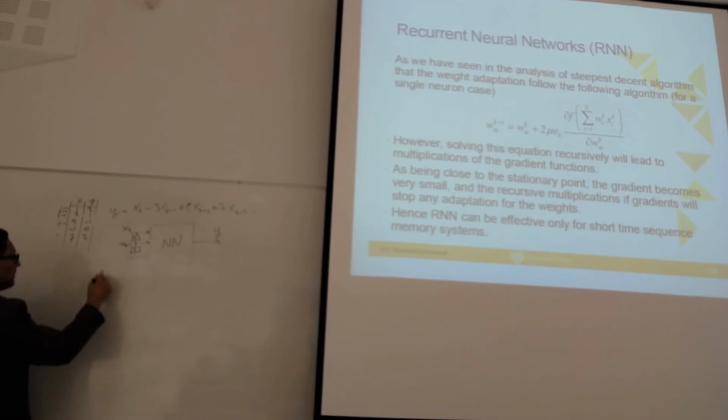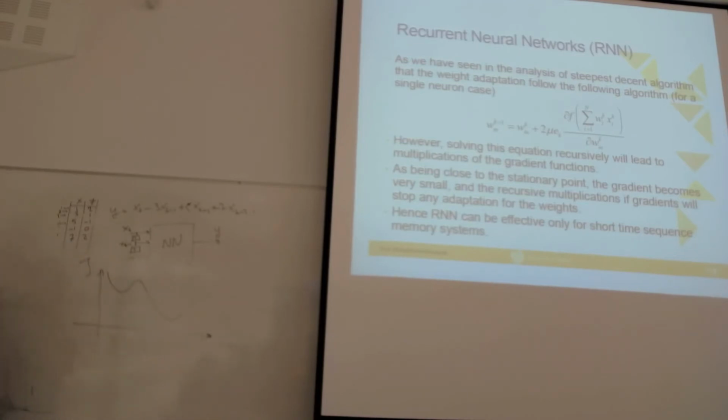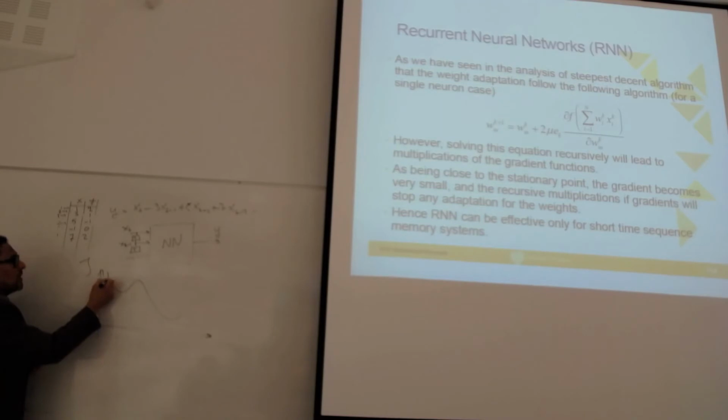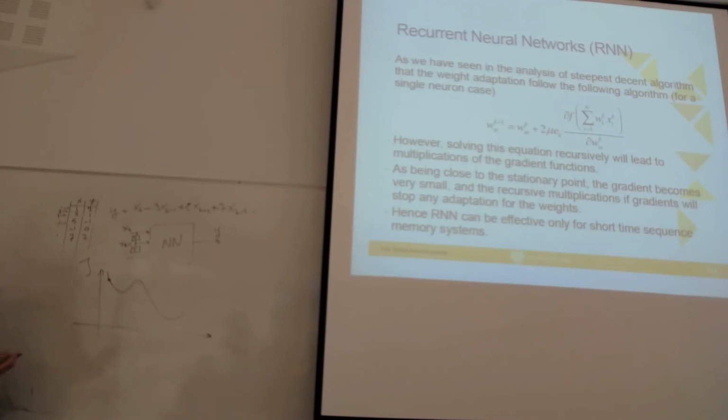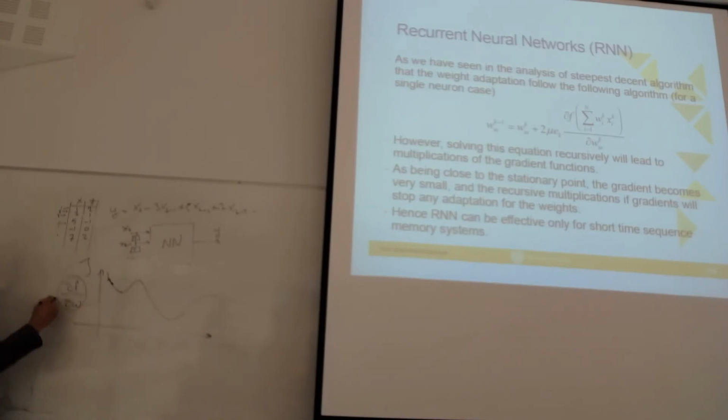If this is our cost function, the steepest descent method gives you the direction where to go, and it depends on the gradient, for example the partial derivative with respect to W of the activation function. You can see that as you are closing in on some stationary point, this differentiation will approach zero.